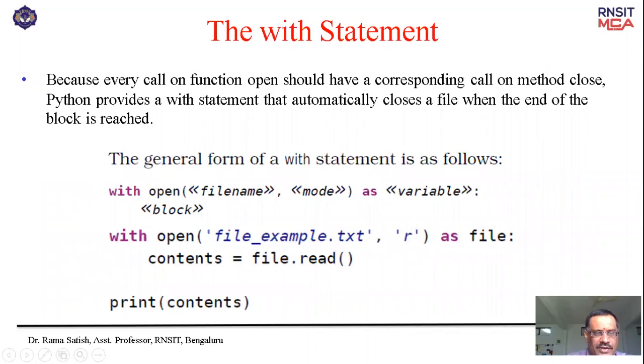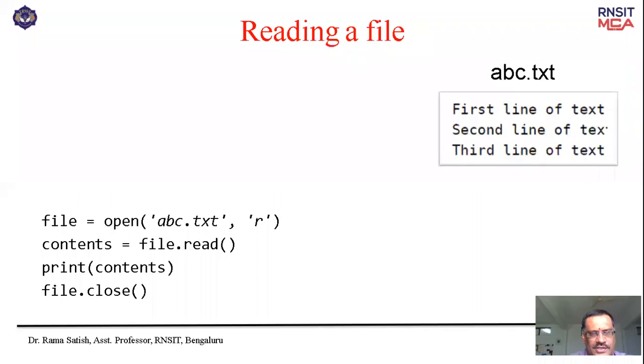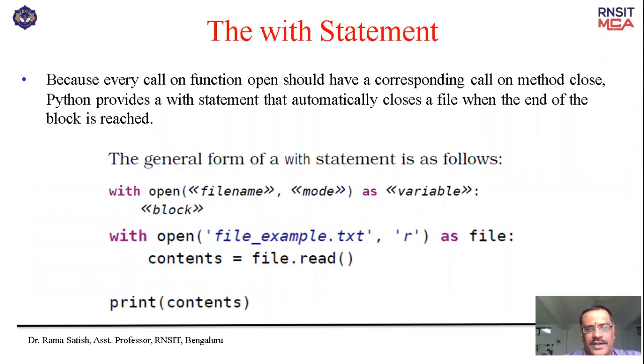Whatever file you open has to be closed. As soon as you open a file, a file pointer is created, and using that file pointer you have to release it using the close method. To avoid this, we have with open.